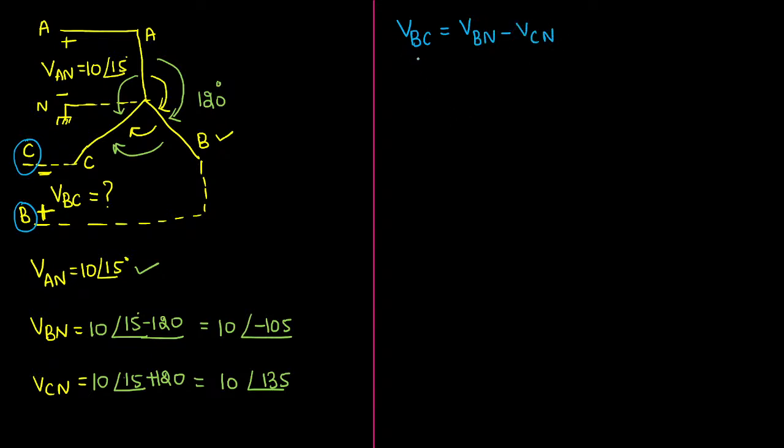That is called VBC. VBN minus VCN will give you VBC. Simply, the potential difference between these two phase voltages will give you the value of the line voltage. That's all. I'm not telling you something new. Basically, how will you calculate the voltage? We are finding the potential difference between these two terminals only, and we are going from B to C.